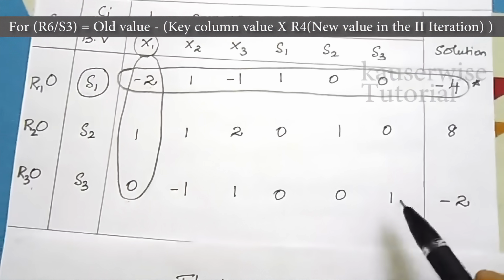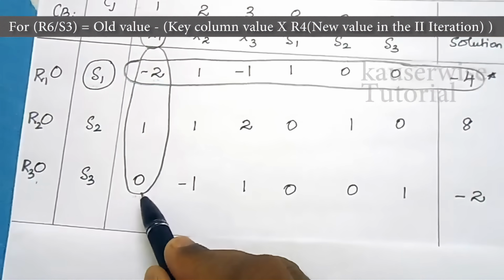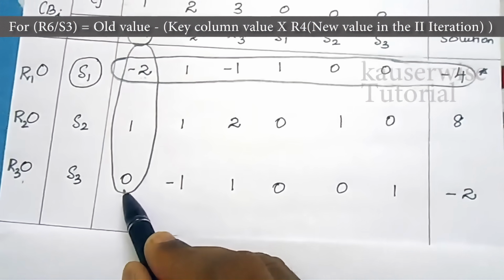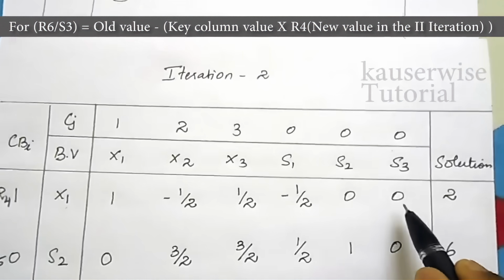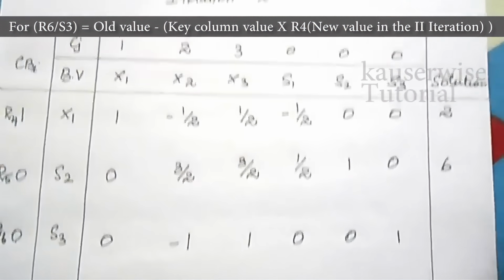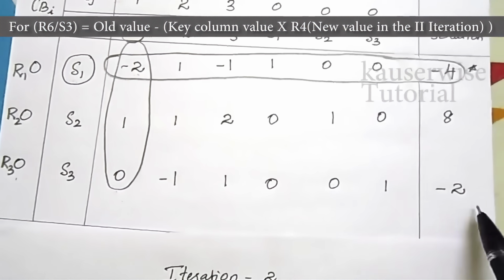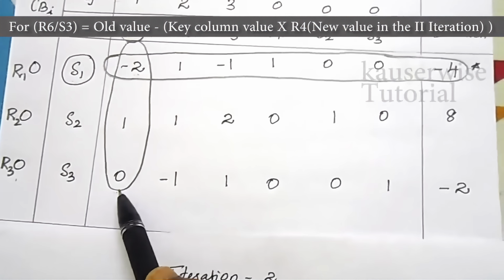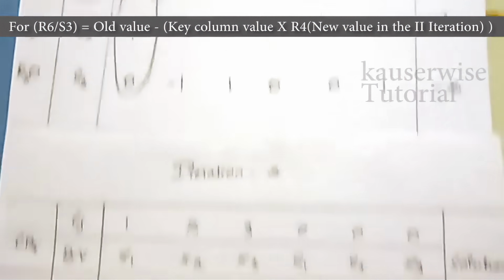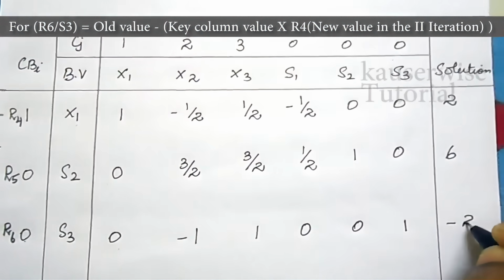The next one is the old value is 1 minus corresponding key column value is 0 into new value is 0. The answer is plus 1. For solution, the old value is minus 2 minus corresponding column value is 0 into new value is 2. The answer is minus 2.